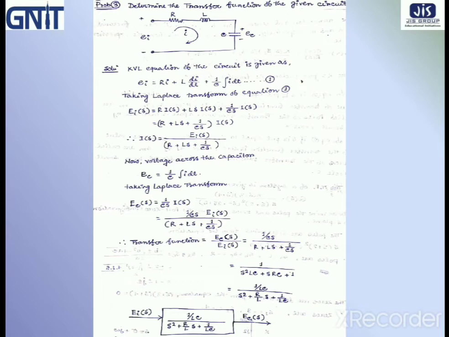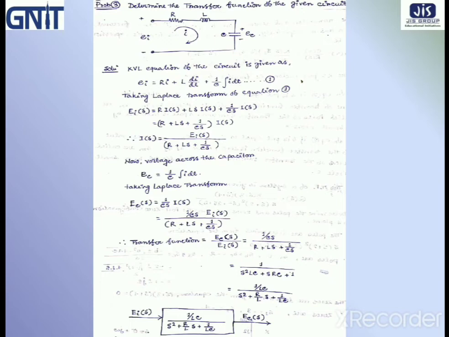Next, we take the voltage across the capacitor as the output response. So voltage across the capacitor is E_C, and E_C is equal to 1 by C integration of i dt.